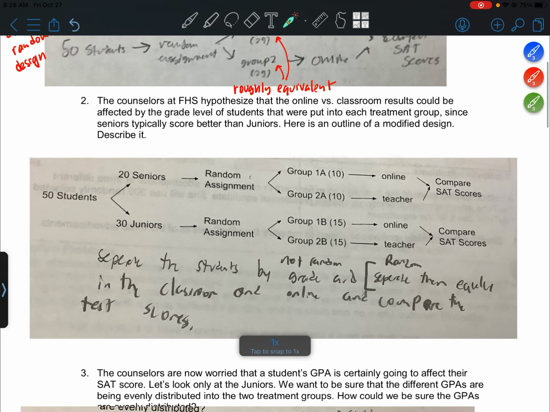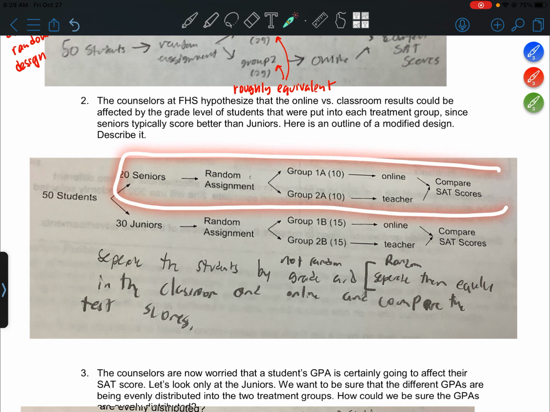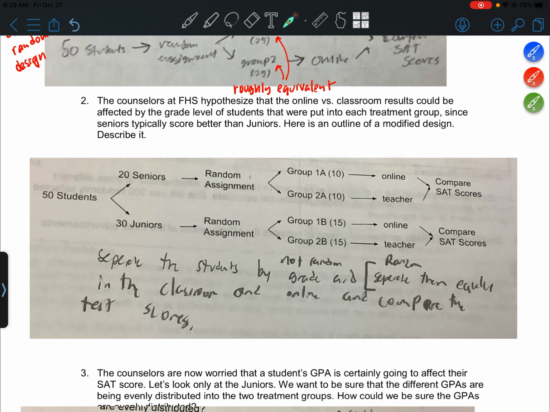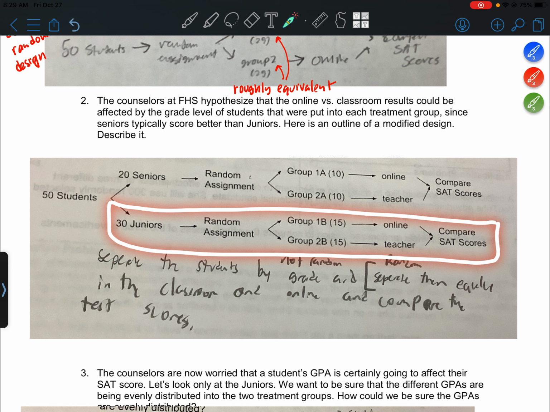So in the second design, what we're trying to do is make sure that the seniors get evenly split up to the 2 treatments, and the juniors get evenly split up, so we don't have any imbalance in the groups that we're forming. We have the flow chart here, and essentially it's like we're running 2 mini experiments. We're doing an experiment just with the seniors, and then a second mini experiment just with the juniors.